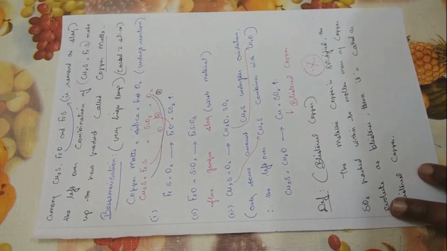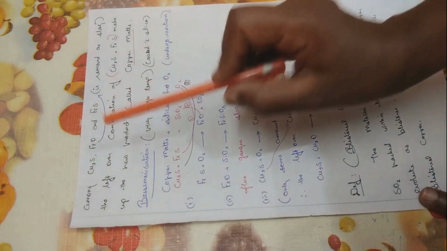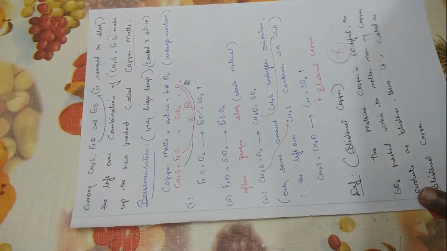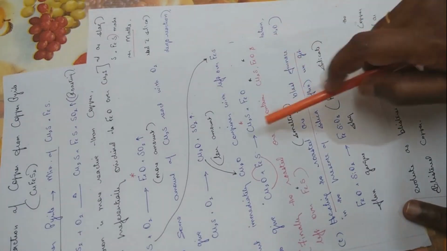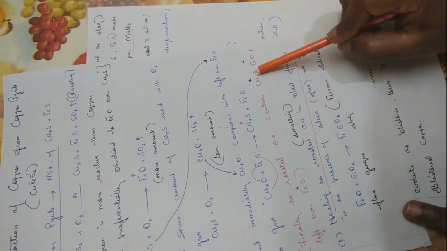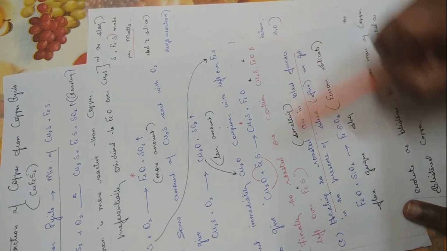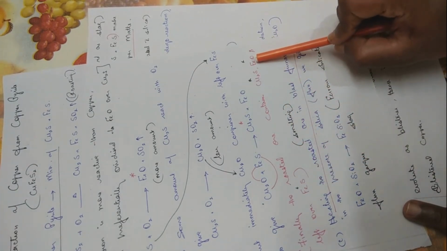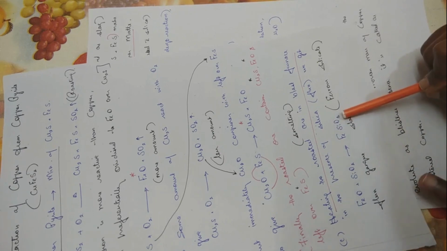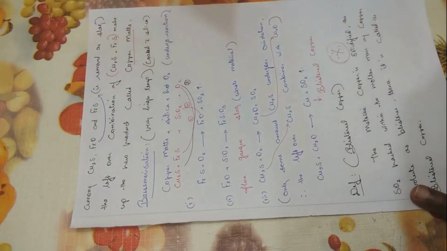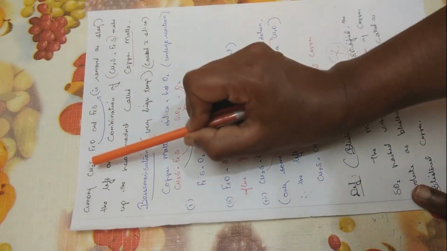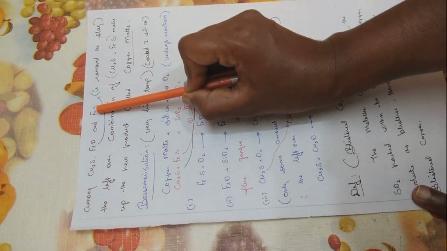Now, after that, we are moving into the next step. I'll show the page again here. After the roasting, you have copper sulfide, ferrous oxide and ferrous sulfide. Ferrous oxide is removed as ferrous silicate, meaning slag. Now, we are left with copper sulfide and ferrous sulfide.